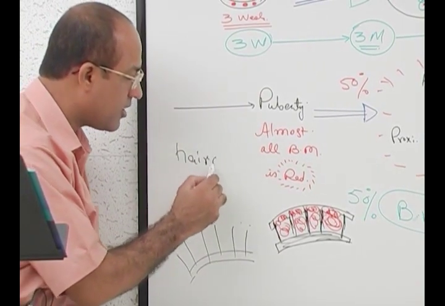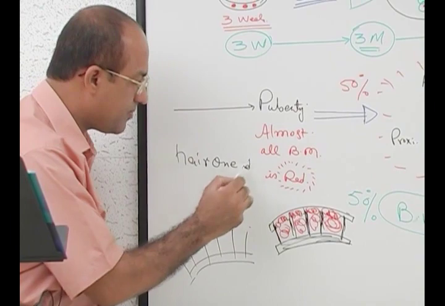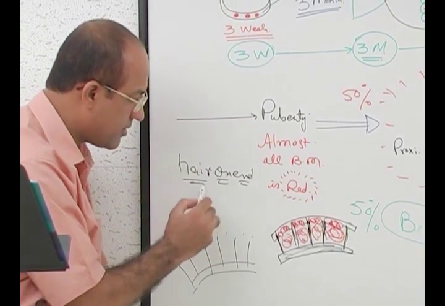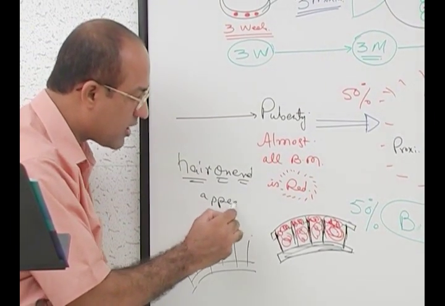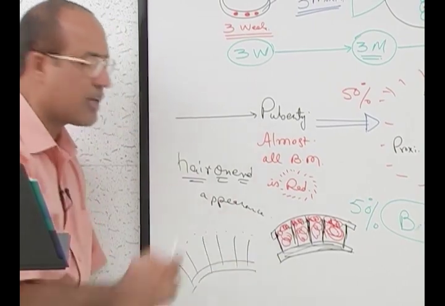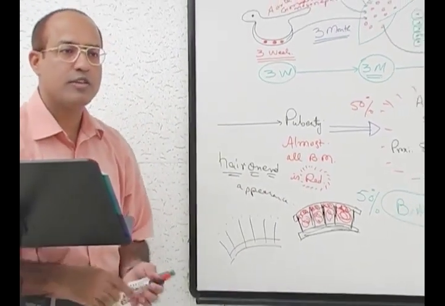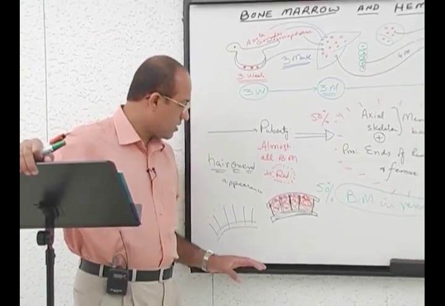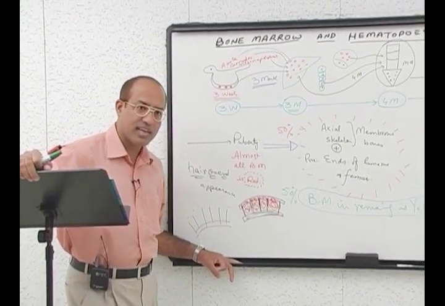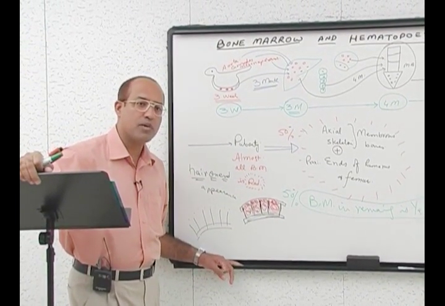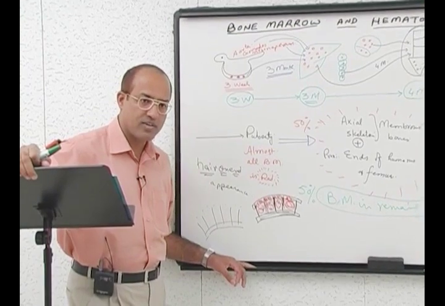We call it the hair on end appearance. It is a radiological appearance seen in skull X-rays of persons where red bone marrow is expanding very rapidly.